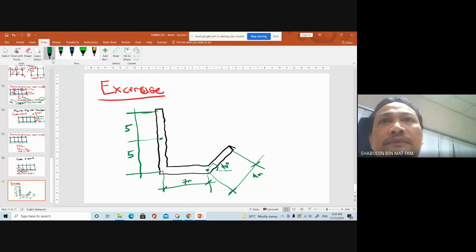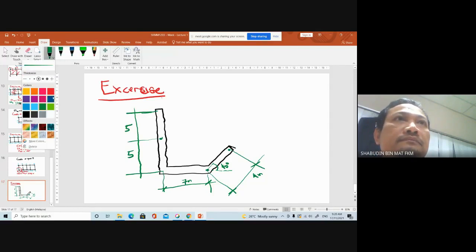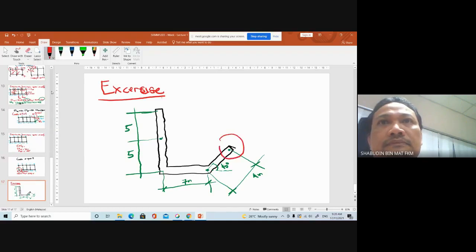So you apply a moment. Then apply a force. Okay, force here is 20 Newton.